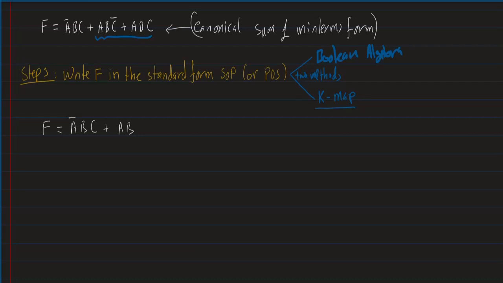Now here again I can take B as a common factor, so this is now B, A bar C or A.